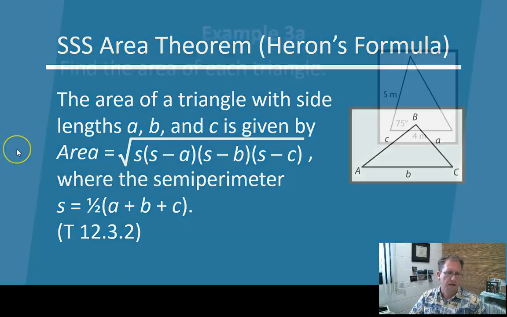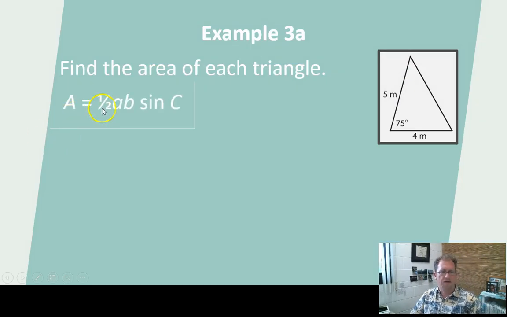Let's use it. Example. Area is 1/2 times AB sine of C. Oh, this is an example of the last one. Here I have 5 meters and 4 meters and 75 degrees. I'm going to just take the two things here, 5 times 4, 20, times 1/2, 10.